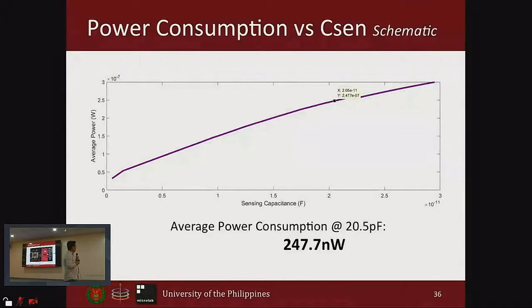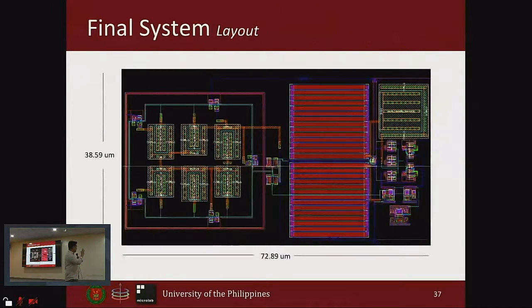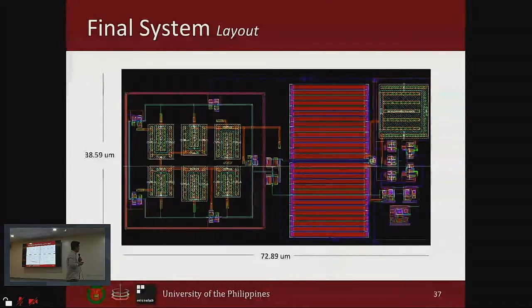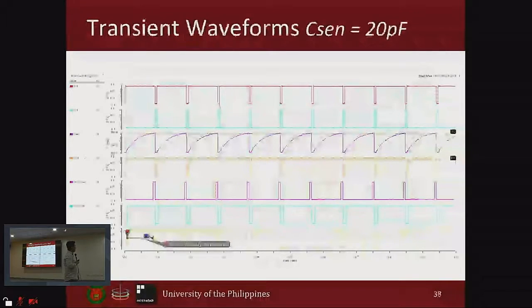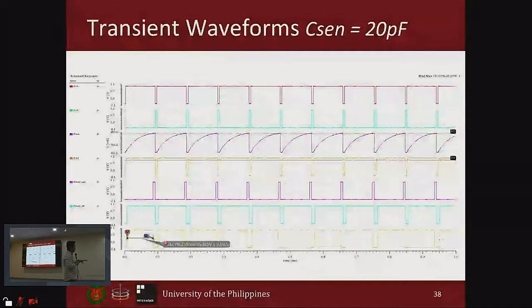And this is your final layout, showing the clock generator, the RC Csen circuit, and the XOR circuit. What we're seeing here is that if the sensing capacitance sees 20 picofarads, this is the circuit that you see. You have the two clocks at the top, with around 90+% duty cycle.